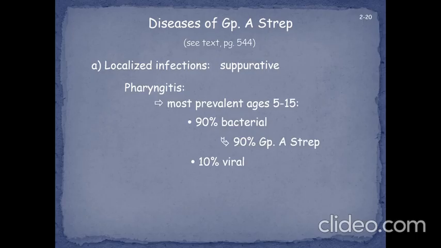Now, I want you to think back to what I was saying earlier about how a rapid Group A strep, especially in those that are under the age of 18, should always be backed up by a throat culture. This is why: 90% of the time it's going to be bacterial, 90% of that time it's going to be Group A strep. So there is a high percentage that this is Group A strep in the younger people.